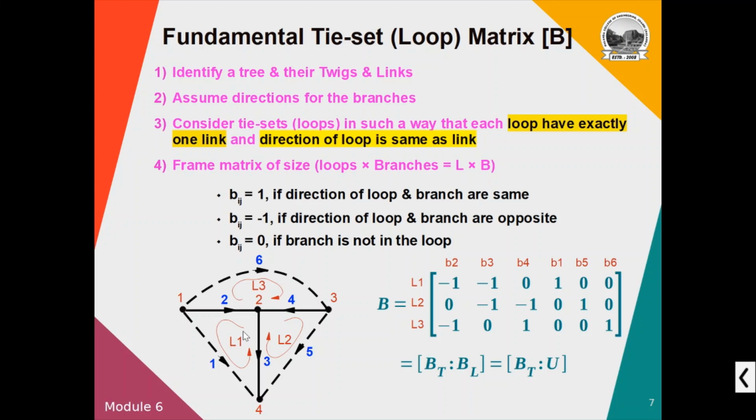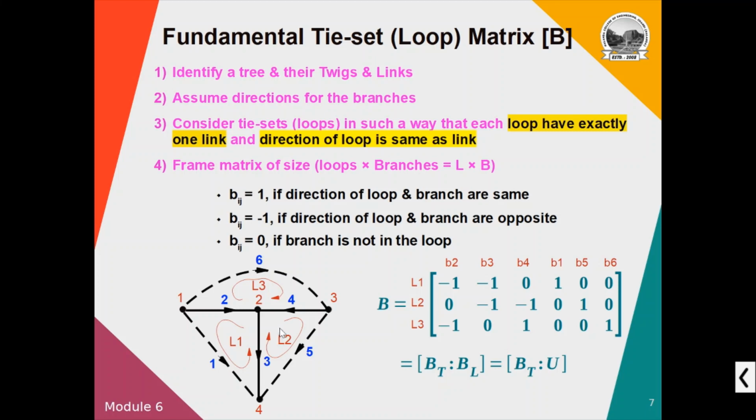So first, if we are considering this L1 loop, what are the links present here? Only one link is present in this loop L1. Link is usually represented by the dashed lines, right? So there is only one link in this loop, and the direction of this loop is similar to that of link L1.